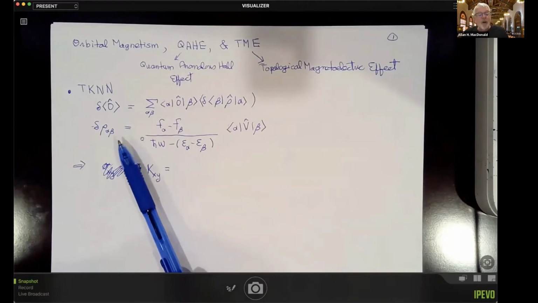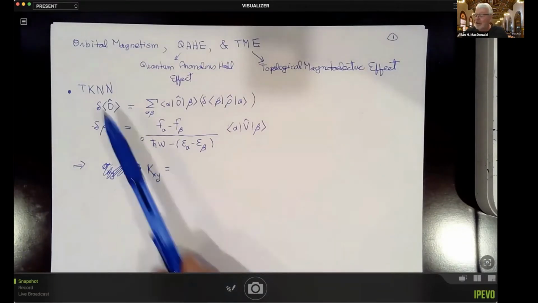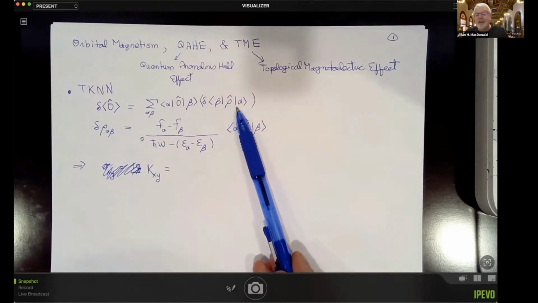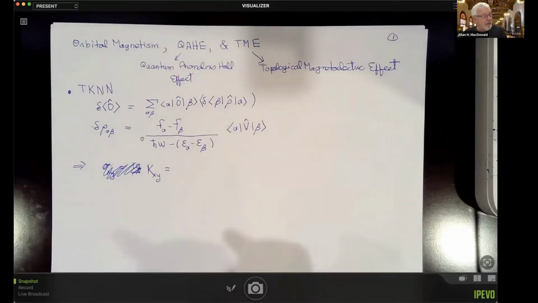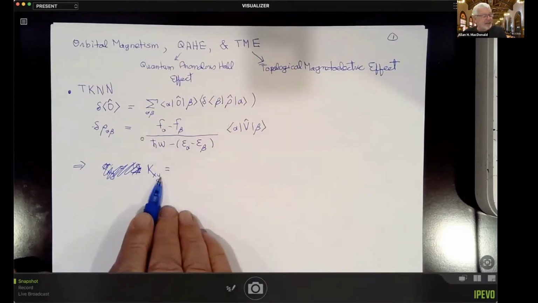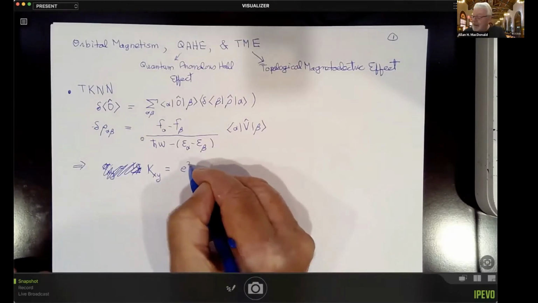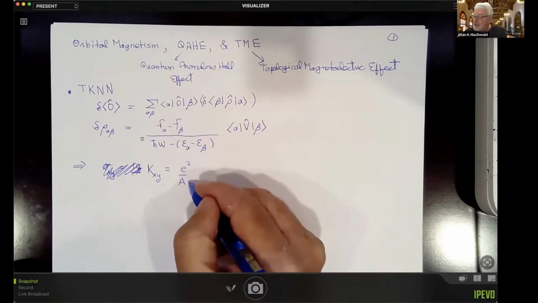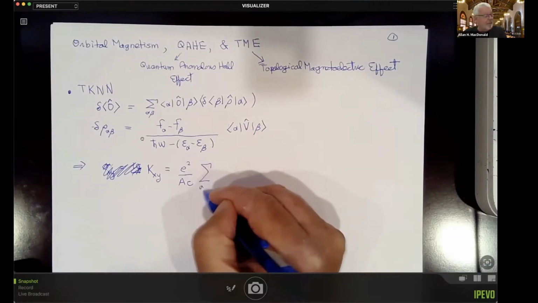As you know, we normally express the conductivity in terms of a current response function: the X component of current response to the Y component of vector potential, which couples to the current operator. And that gives us, for this current response function, e squared over A. So it's a current response function, CGS units, sum over states, just like up above.